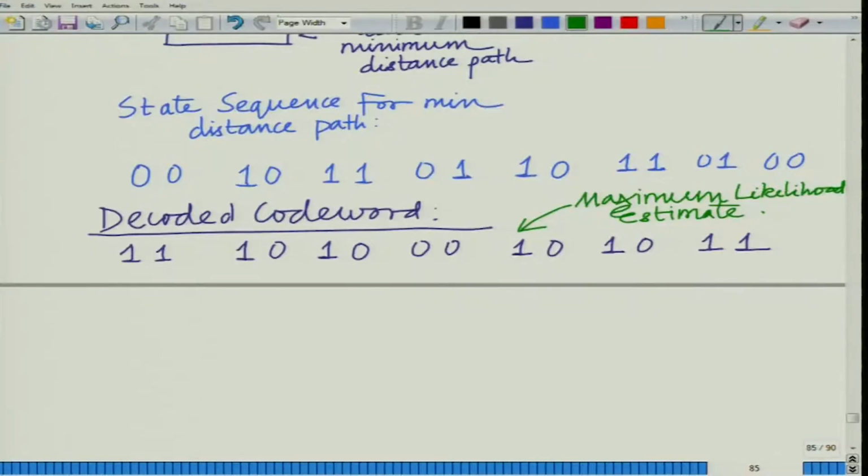And now if you look at the received word, let me just write this again. 1 0 0 1 1 0 1 0 1 0.